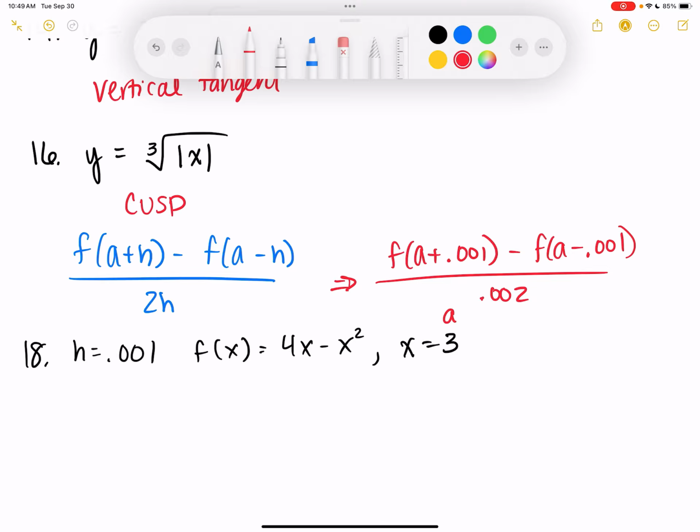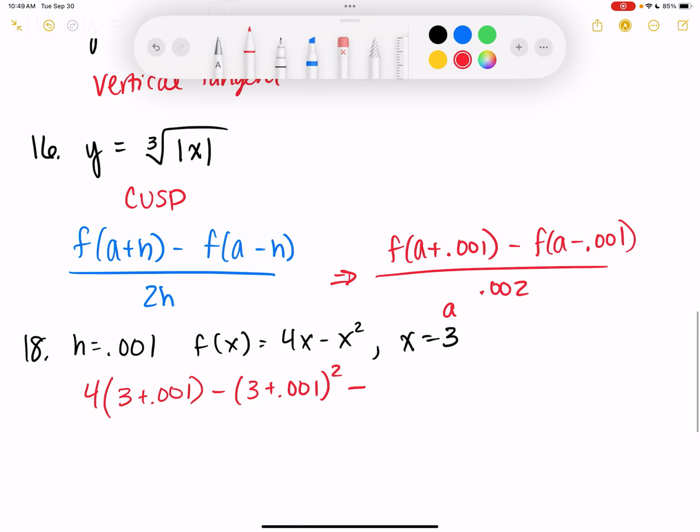So I will have 4 times 3 plus 0.001. If you want to write 3.001, that's fine too. Minus 3 plus 0.001 squared, and I would probably use brackets just so you don't get it mixed up.